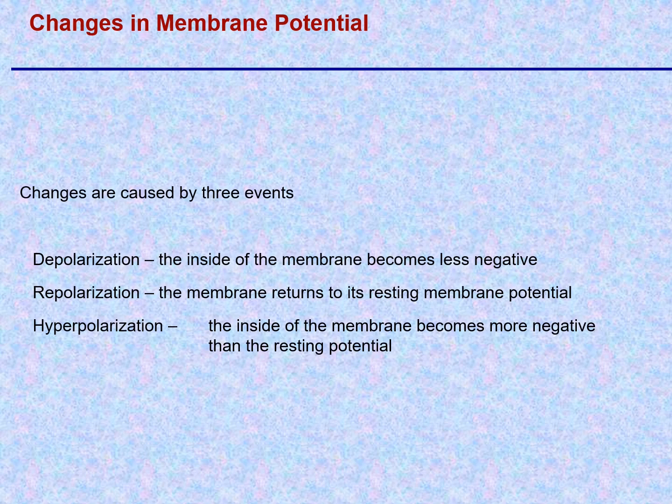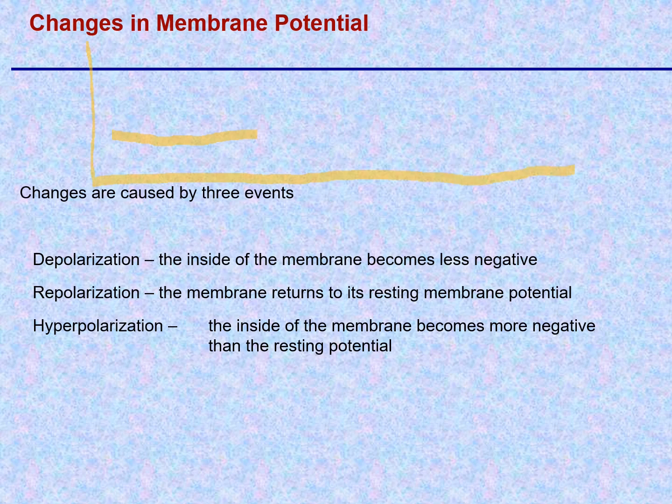So, first of all, changes in membrane potential are characterized in three ways. One is that the resting membrane potential of minus 70 millivolts, and again I remind you that this is the millivolt charge, and this is time.